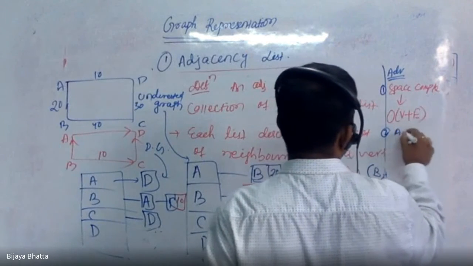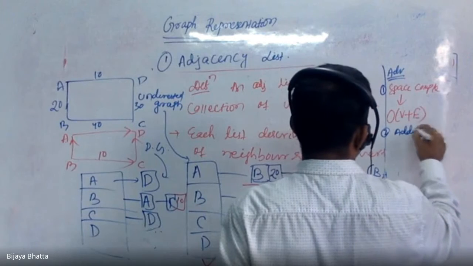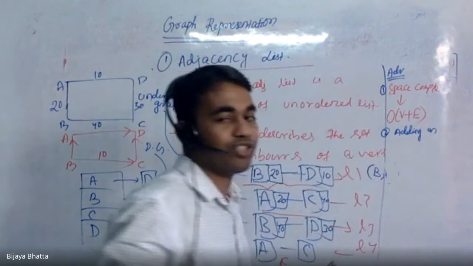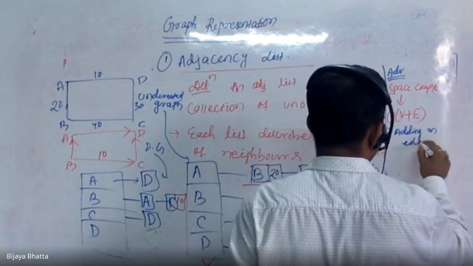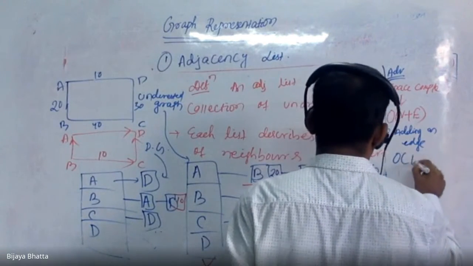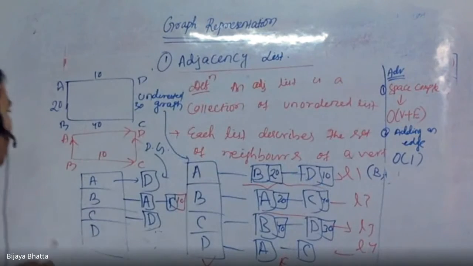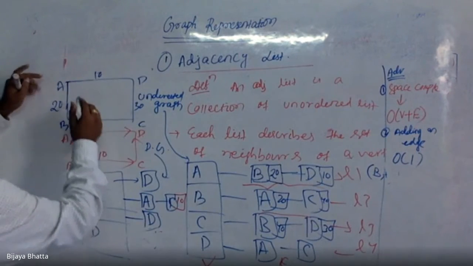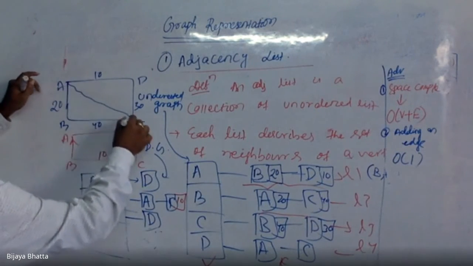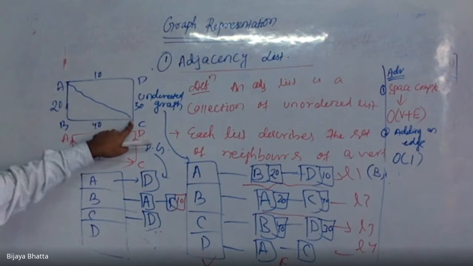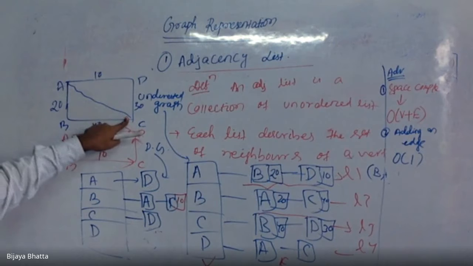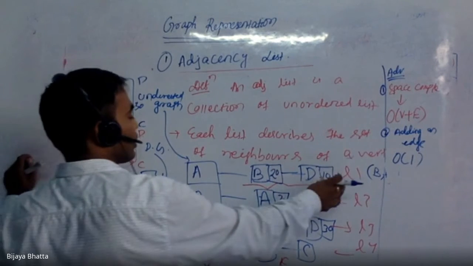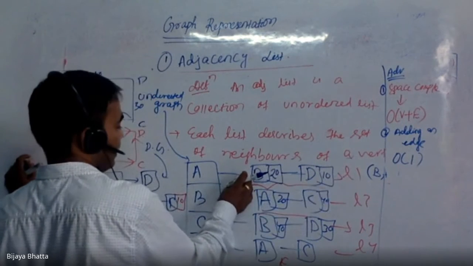The second one is adding an edge. Adding an edge here also is going to take order of one time. Let's see how. Suppose I am adding an edge a to c. What you need to do is just append one node here in a.